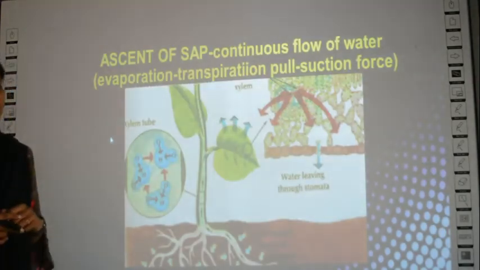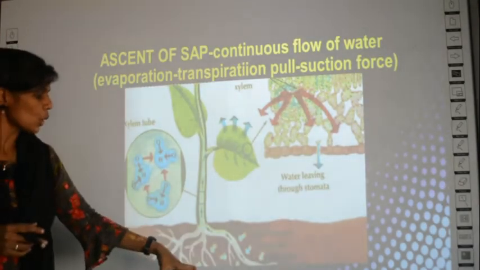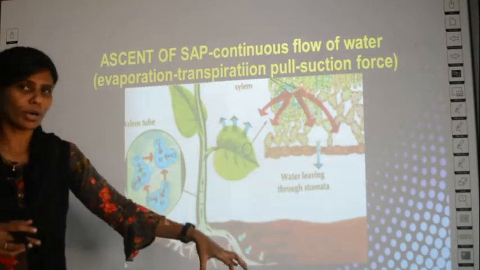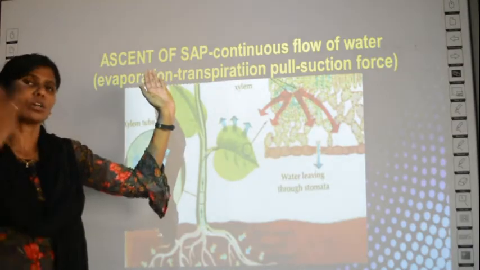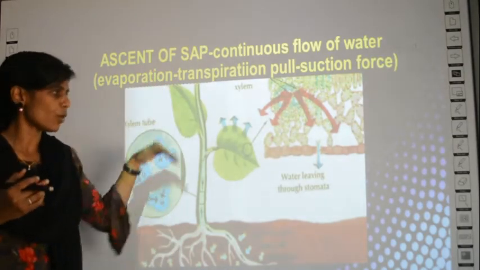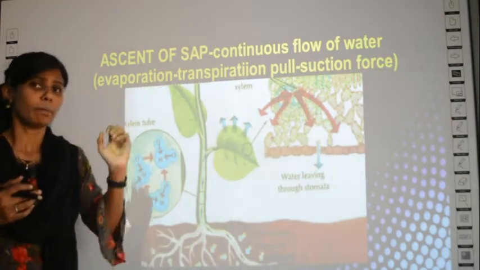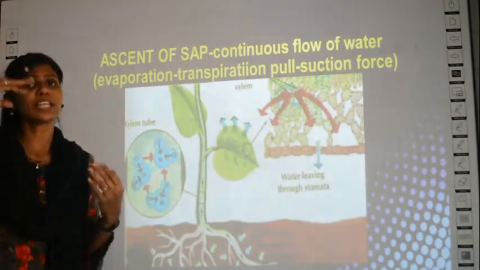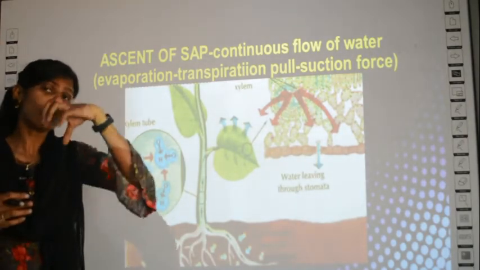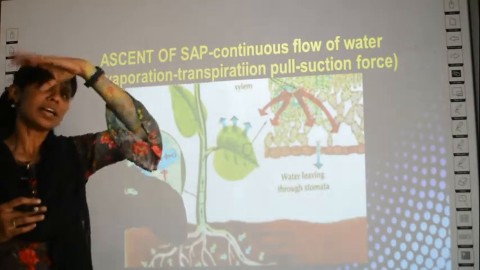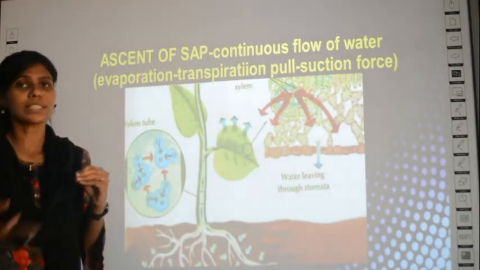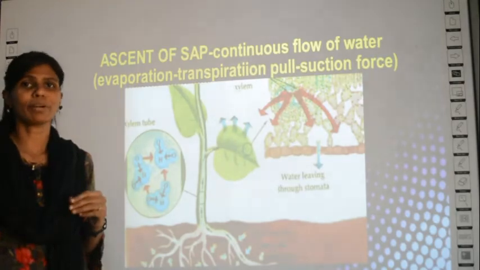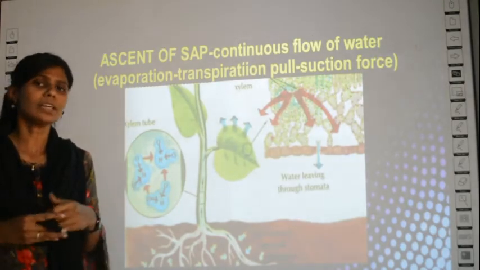So what is ascent of sap? I told you, the flow of water, the uptake of water from the root to the leaves, is called the ascent of sap. This flow of water is continuous because there is continuous transpiration. Some amount of water is continuously lost through the outer surface of the leaves, so continuously water is taken up from the soil or the ground level.